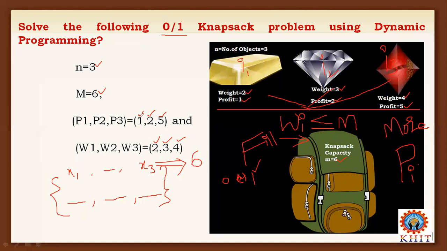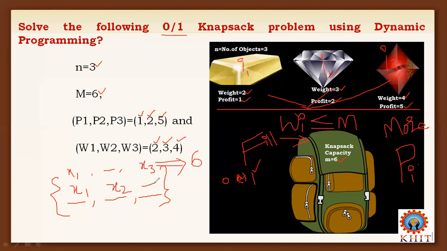So the profit is the profit of the first item plus the profit of the second item plus the profit of the third item. Suppose I select the first item x1 and the second item x2, and I have not taken the third item.